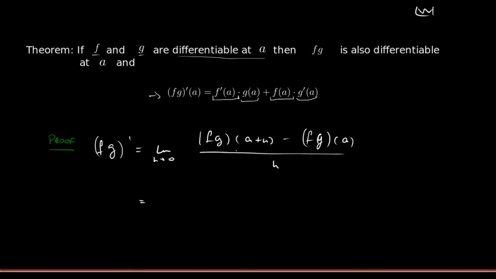So now again we use the definition of the product of two functions evaluated in a point. So this is f in a plus h times g in a plus h minus f in a times g in a.